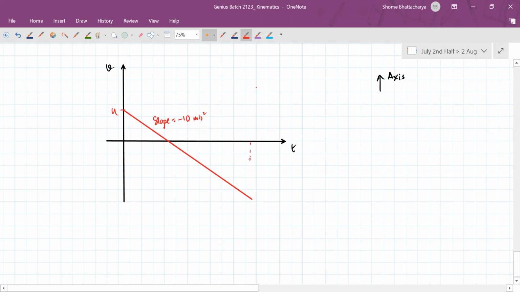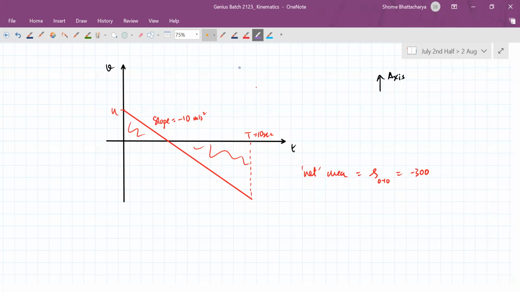And at this time, which is 10 seconds, the total area, that is the displacement from 0 to 10 seconds, with this axis in mind, that should be minus 300. So what we can do is we can take this time as some t1.